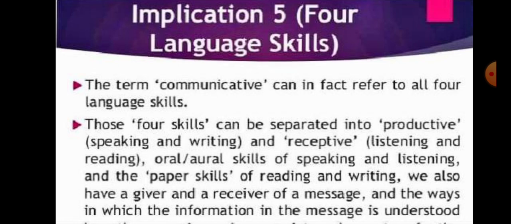Speaking and writing refer to production, because students are the ones who will talk and write, and listen and read. And in language, there should be a sender and a feedback, so that we will know if the communication is effective if there is feedback coming from the reader.